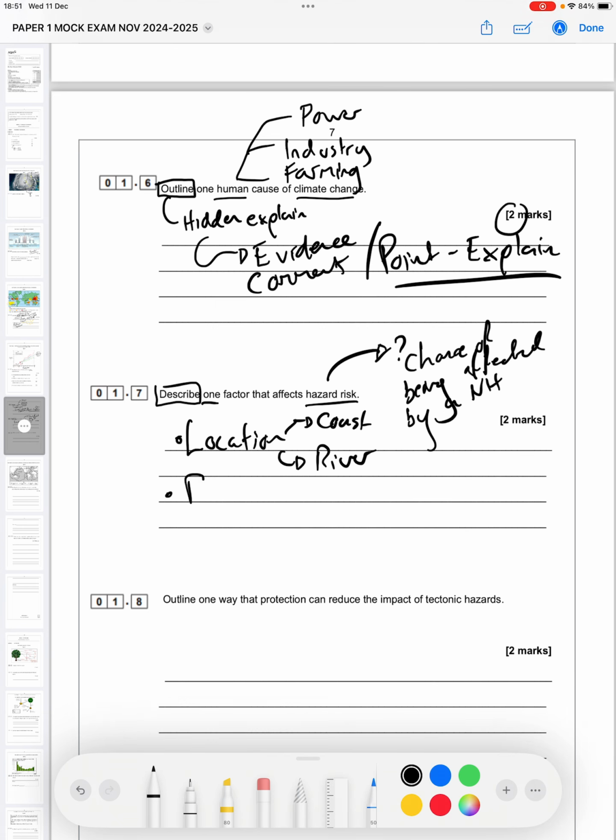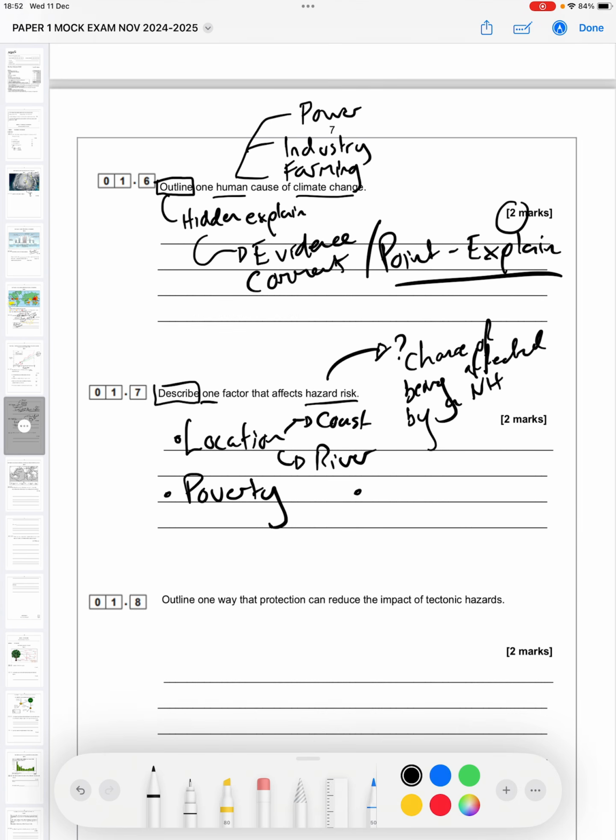Or you might live in an area of poverty, so you don't have the money to be able to properly prepare for natural hazards. Or maybe you live in an area of high population density, so there's more people, there's more risk of being affected by a natural hazard. So bear that in mind as well.